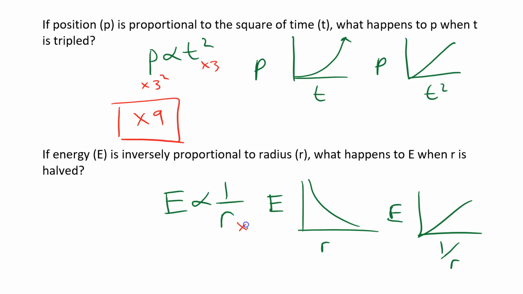If I multiply this times 1/2, well, in the inverse proportional, whatever one gets multiplied by, the other one gets multiplied by the reciprocal. So what is the reciprocal of a half? The reciprocal of a half is times 2, or times 2 over 1. So what you do is you sort of flip the numerator and the denominator of the fraction.